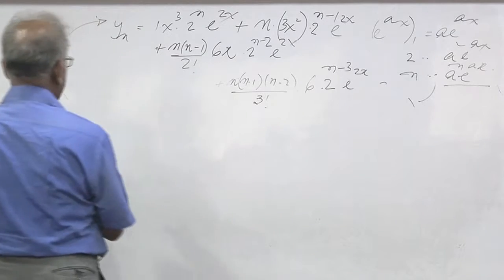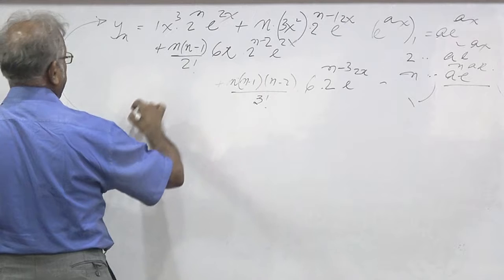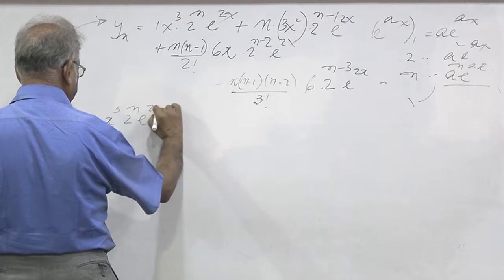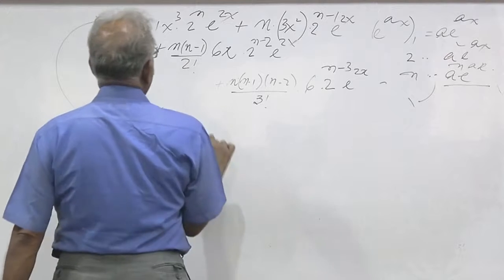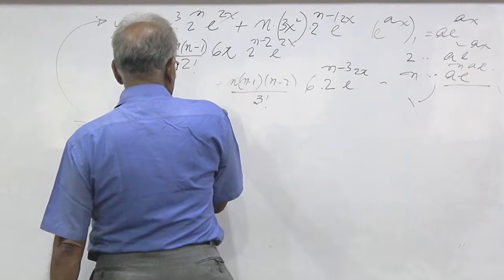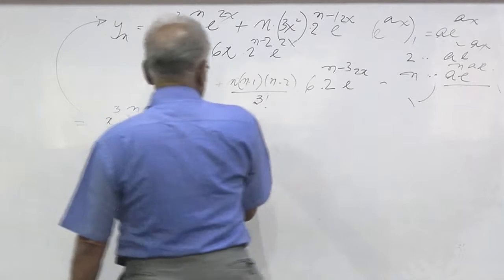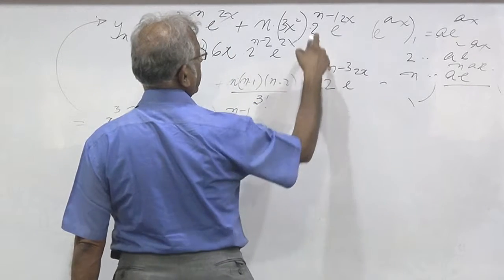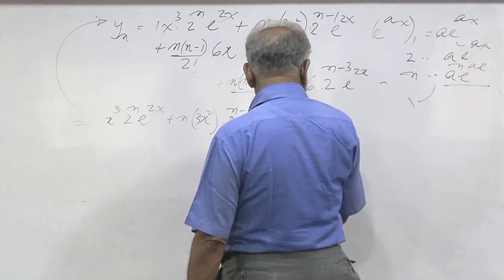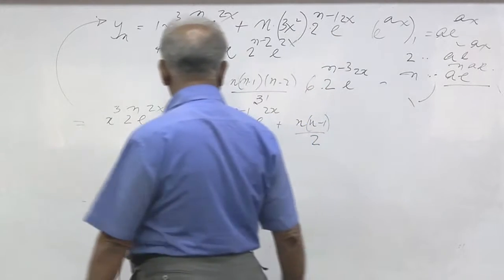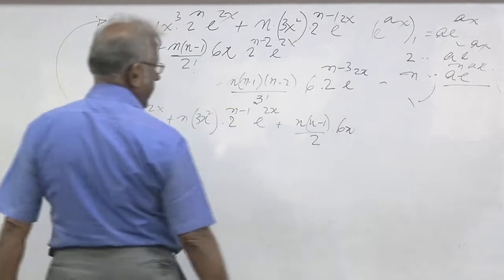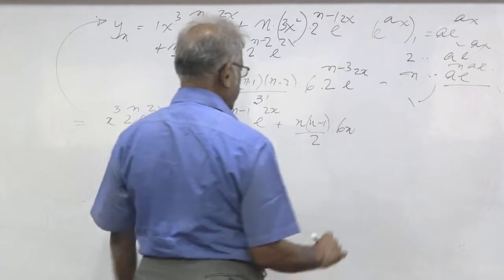We carry on the simplification process and write this as x cubed 2 to the power of n e to the power of 2x, plus n into 3x squared into 2 to the power of n minus 1 into e to the power of 2x, plus n minus 1 factorial 2 is 2, 6x is there, and 2 to the power of n minus 2 e to the power of 2x.